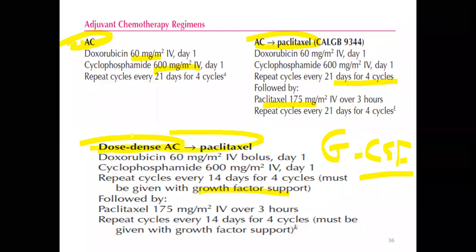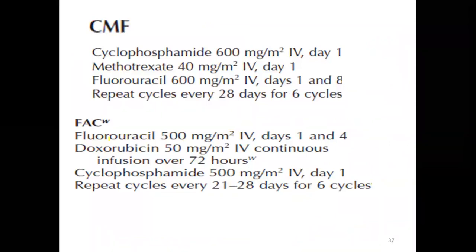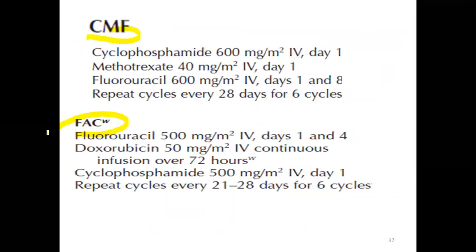So there's also dose-dense AC followed by paclitaxel, but the frequency of dosing is every 14 days. This can still be considered. Then the other ones are CMF, then FAC. There is also TAC. Those are very common regimens.